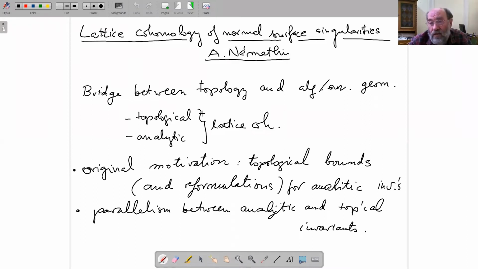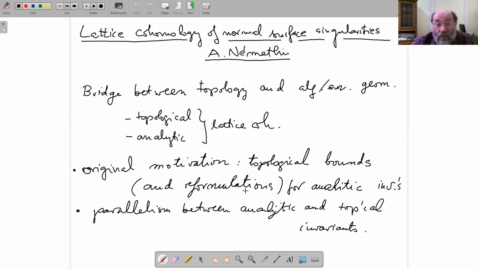So like Artin characterized in the rational case, and the Heegaard Floer function, such topological characterizations. Here we want a similar topological description, or at least bounds, for analytic invariants, and that's why we try to connect the topological invariants and analytic invariants.